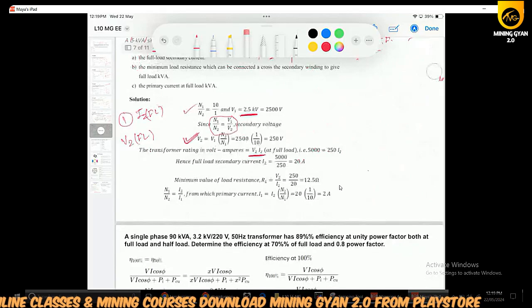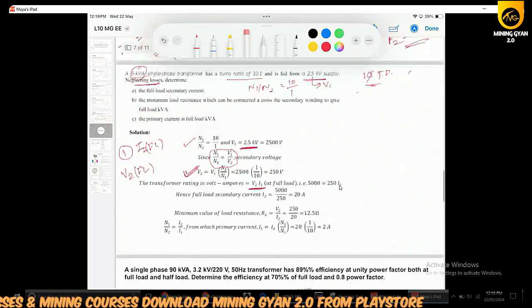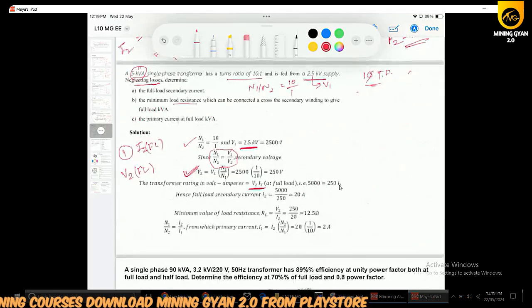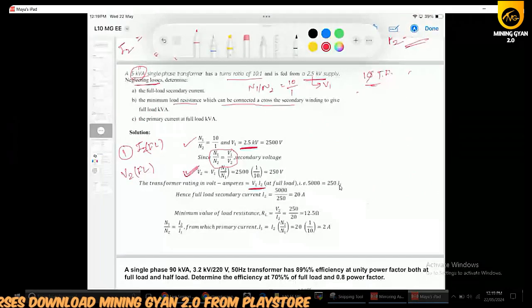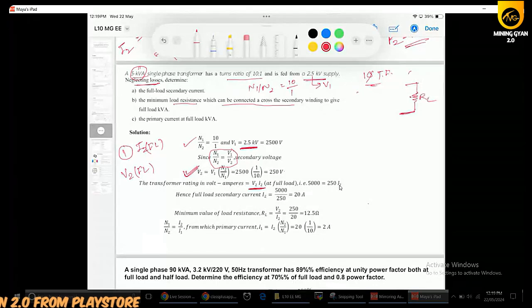After that, what they have asked, yeah, the minimum load resistance which can be connected across the secondary winding, means the load consists of a resistive element only, okay, and that value is RL, and we have to calculate.